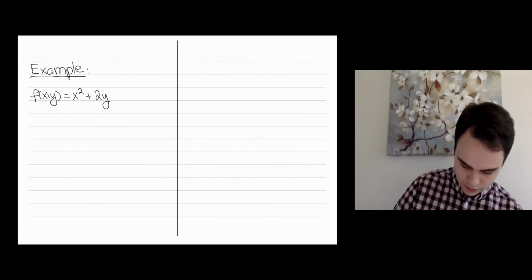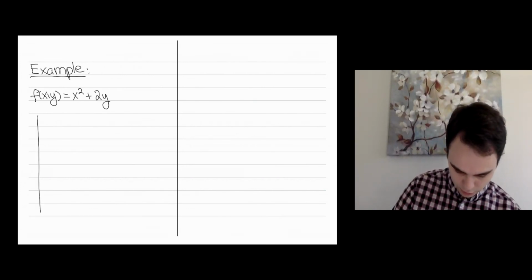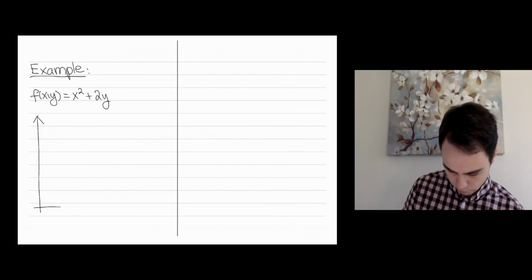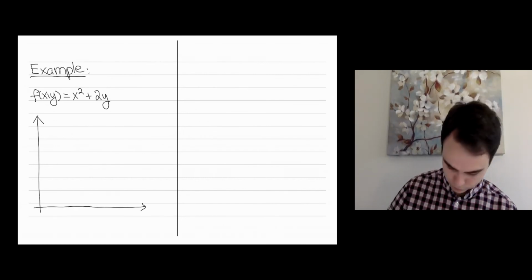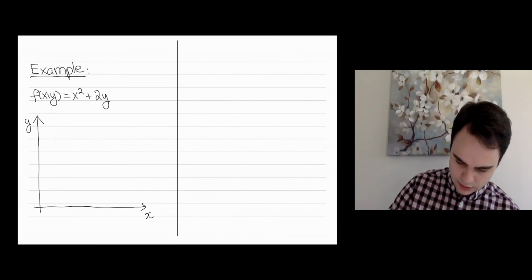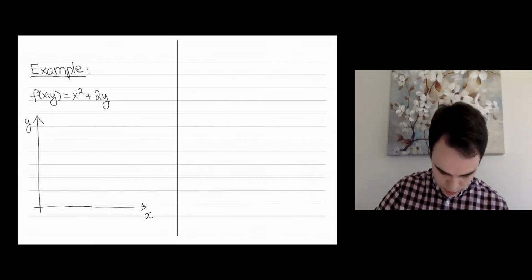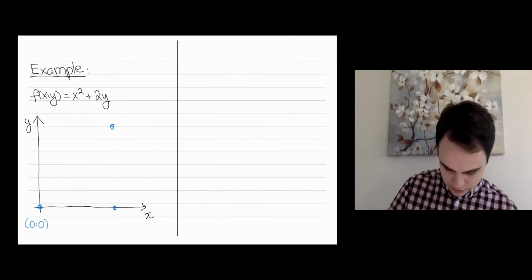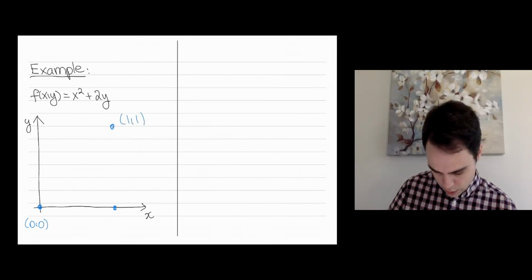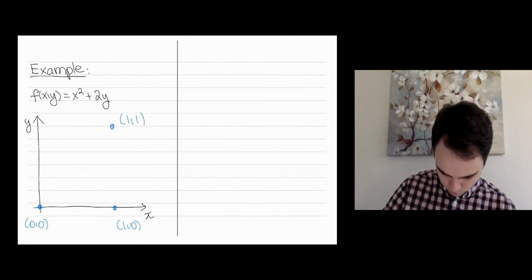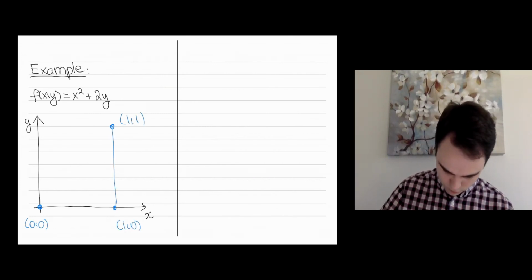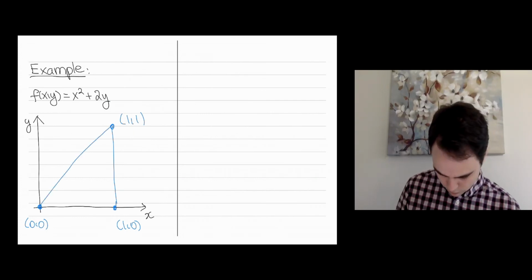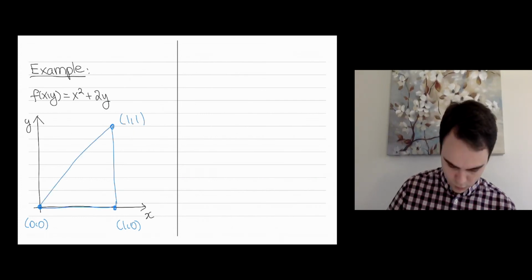But we're looking at this function over a region. So here are the two axes. The region D is just this triangle with vertices 0, 0, 1, 1, and 1, 0. So that's our region D.